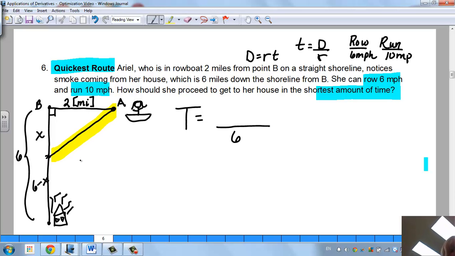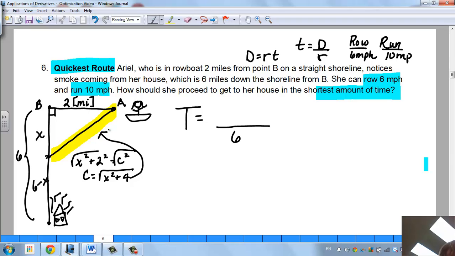Well, I can use the Pythagorean theorem. x squared plus 2 squared equals c squared. If I take the square root of both sides, c is the square root of x squared plus 4. That's the distance of that side, so I'm going to put the square root of x squared plus 4.